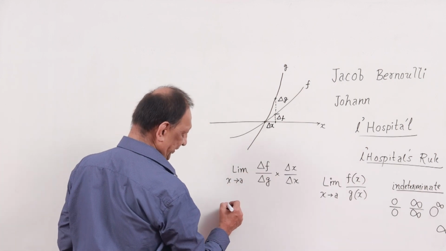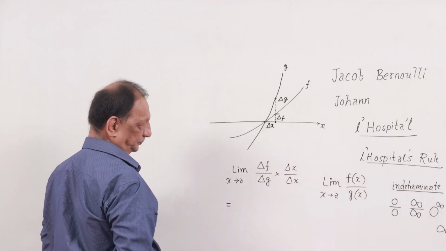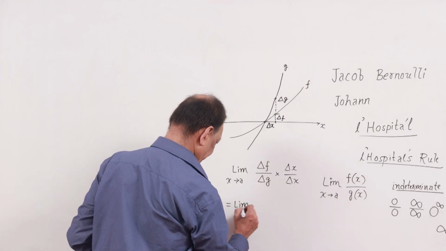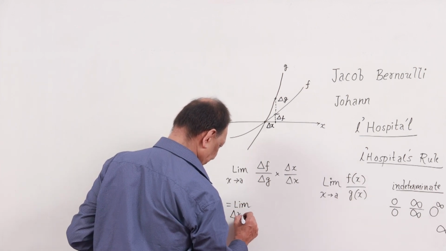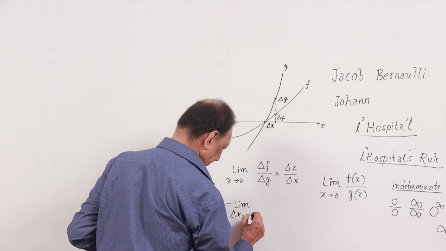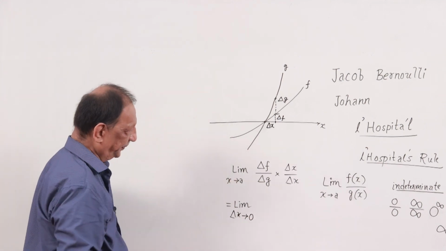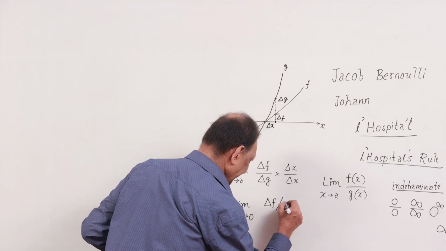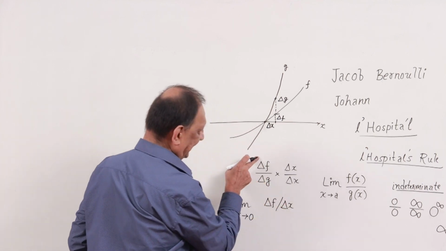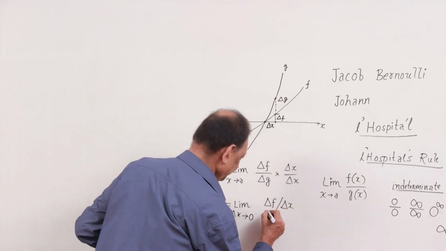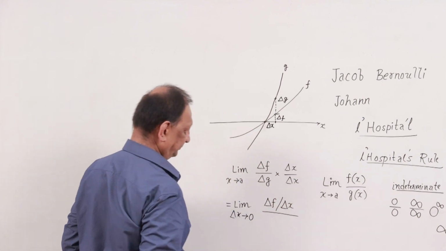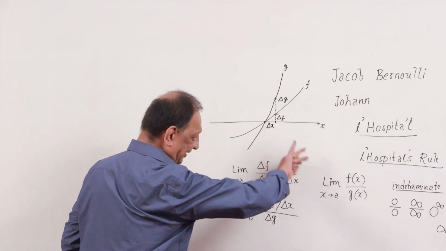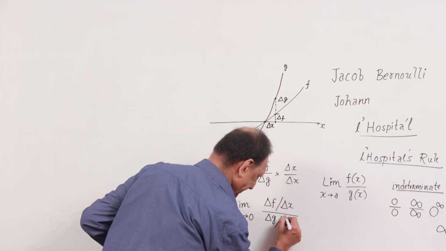So that limit will be equal to the limit, and now I can write delta x goes to 0 instead of saying x goes to a, of delta f by delta x divided by delta g by delta x. This delta x can go underneath the delta g. Very convenient.